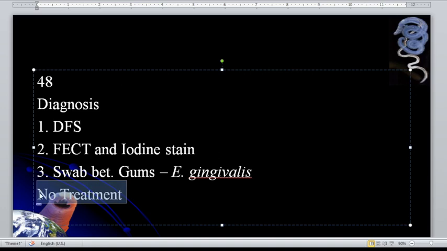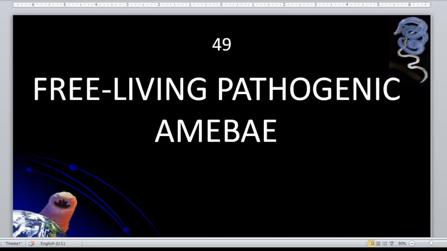And why is it that for commensal parasites there is no treatment? Bakit walang treatment for commensal parasites? It's because they do not cause any disease. That's why you don't need to treat them.